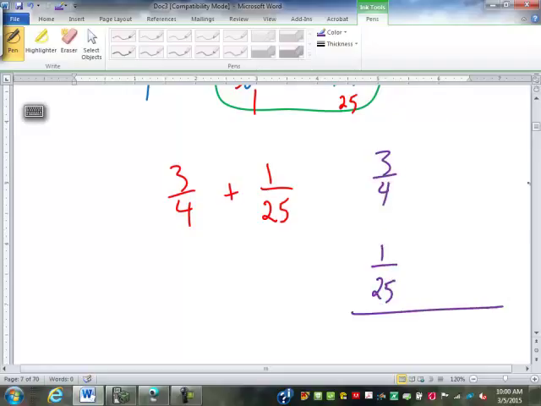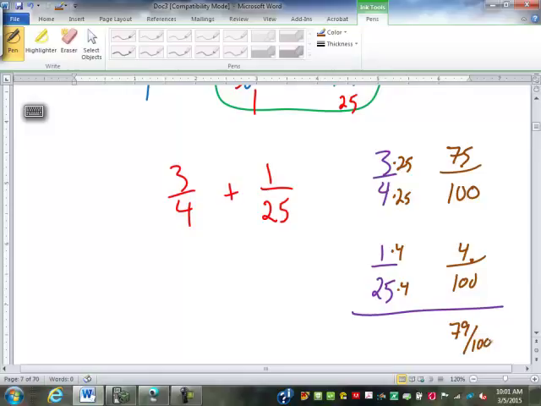What's our common denominator going to be? 100. This is going to be 75, since 4 times 25 is 100 and 3 times 25 is 75. This one will be 4, since 25 times 4 is 100, so 1 times 4 is 4. And we're adding, so 79 hundredths.